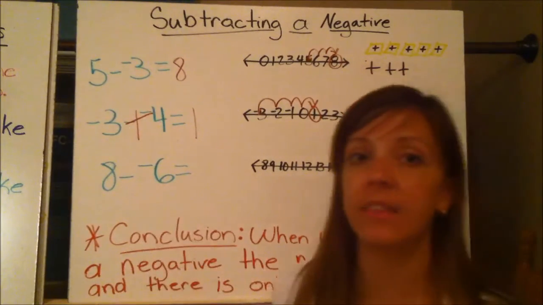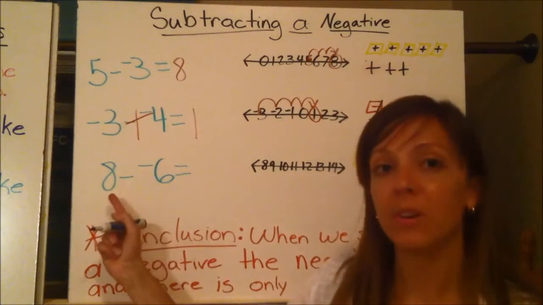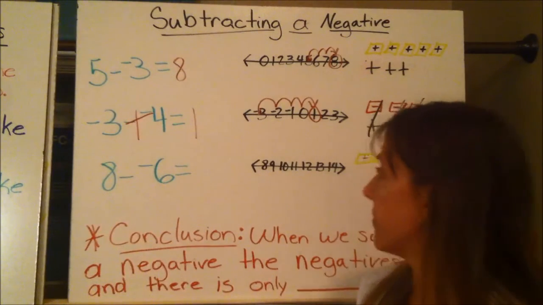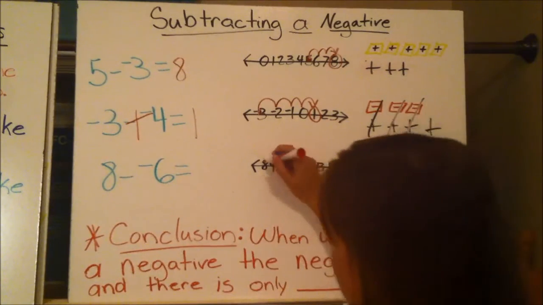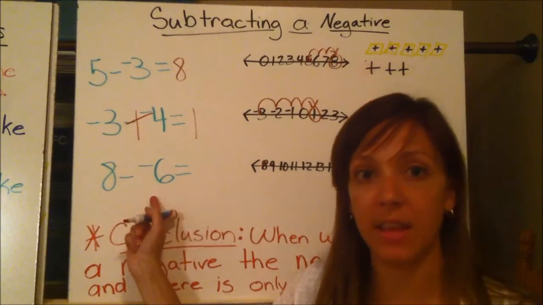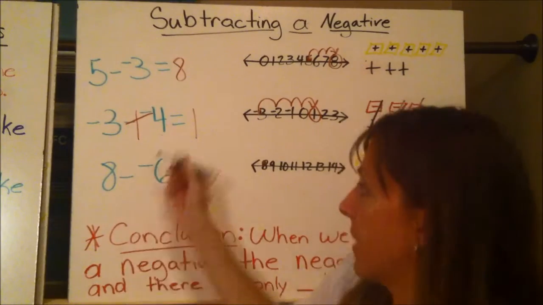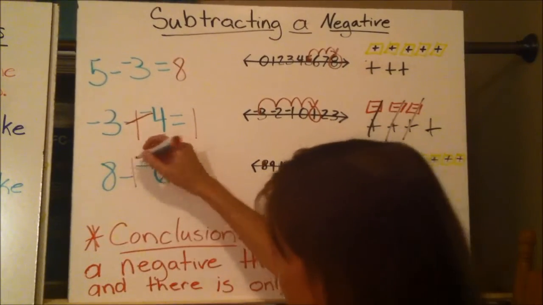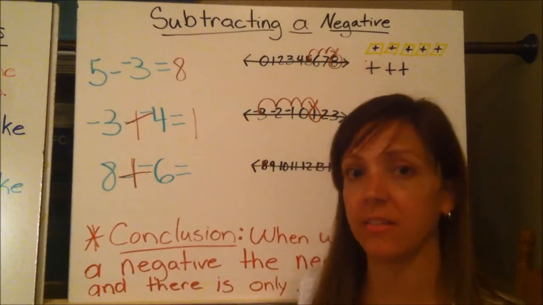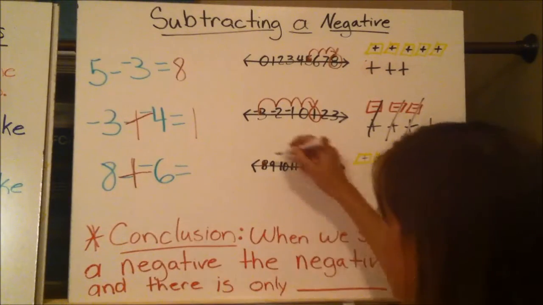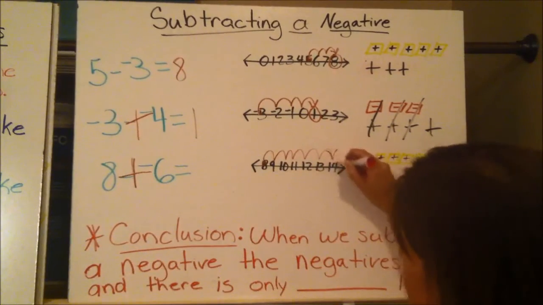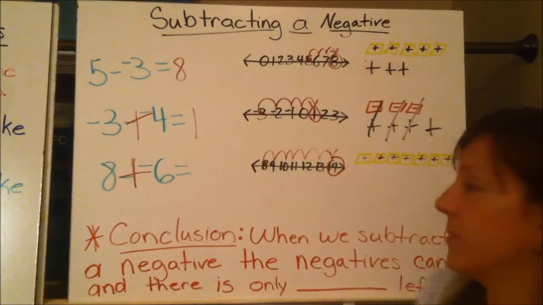8 minus -6 is next. We're going to start at a +8 on our number line. And again, we're going to take away the negativity of 6, which would make that a +6. 8 plus 6, I'm going to move 1, 2, 3, 4, 5, 6 in a positive direction, is 14.